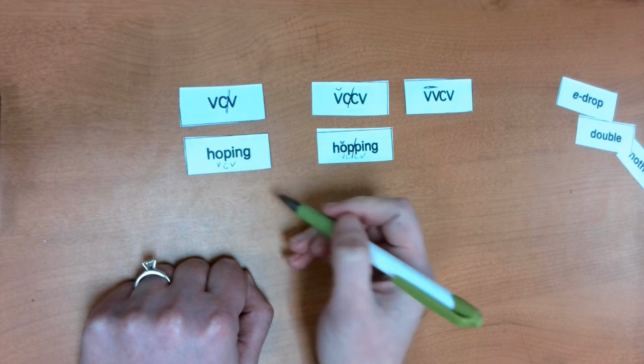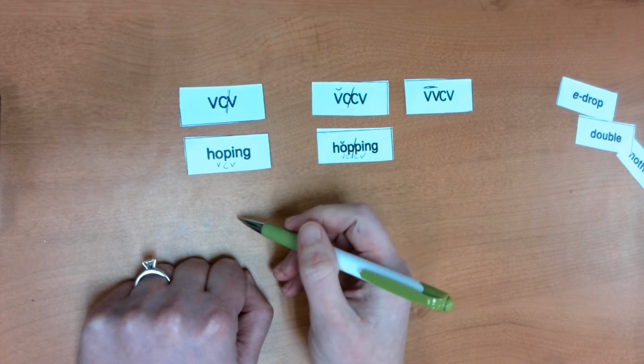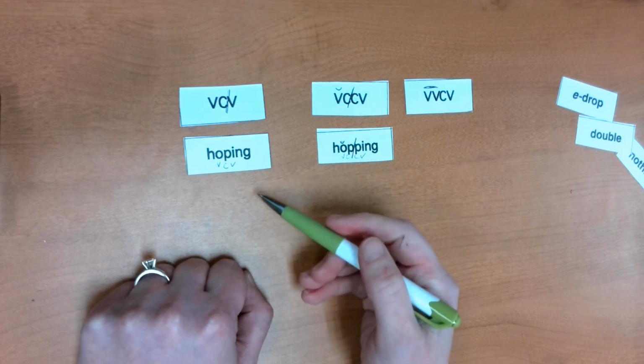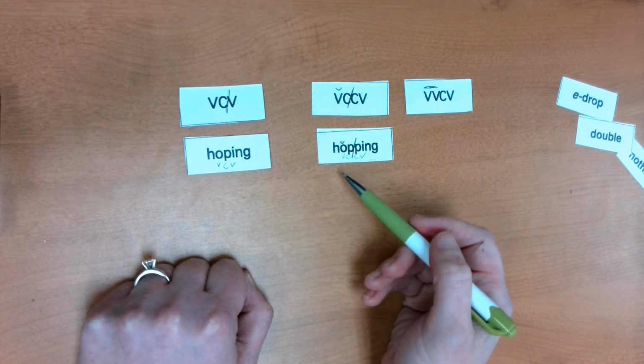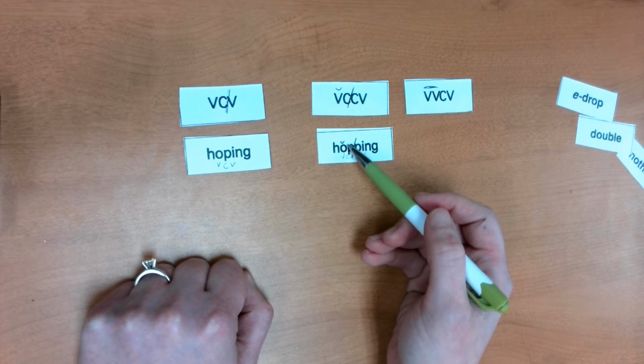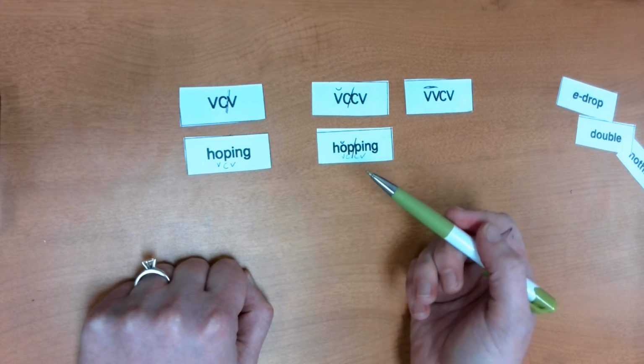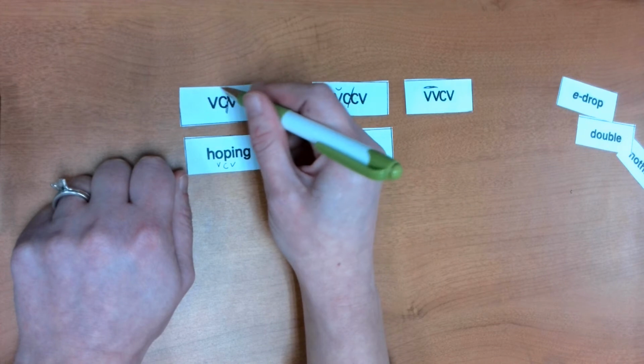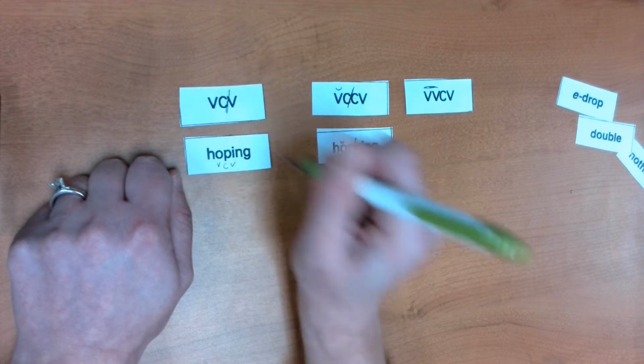What kind of vowel sound does this word have? Is it long or is it short? It's hoping versus hopping right here. So we had a short vowel sound, right? Okay. So this one here, how in the world is it a long sound?